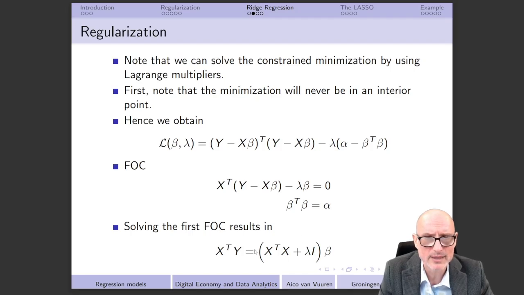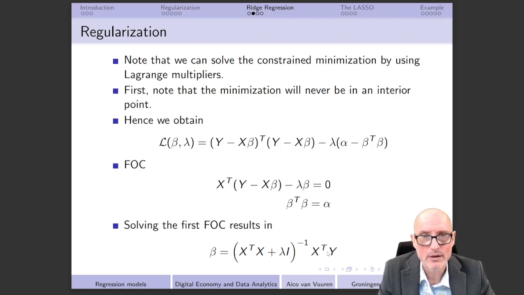Which implies that on the right hand side I simply get beta. I'm going to write that now on the left hand side, and on the other side we have the inverse of X transpose times X plus lambda I, and then we multiply that by X transpose times y.